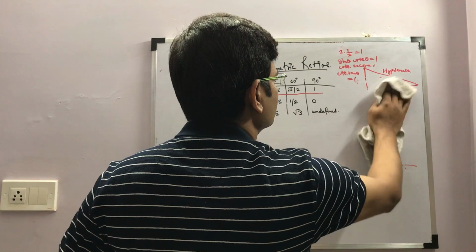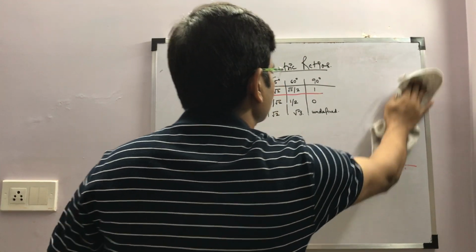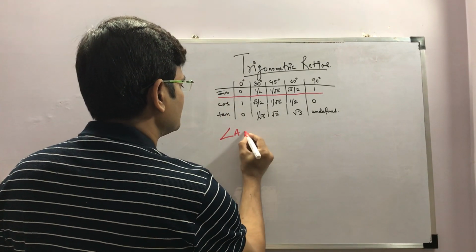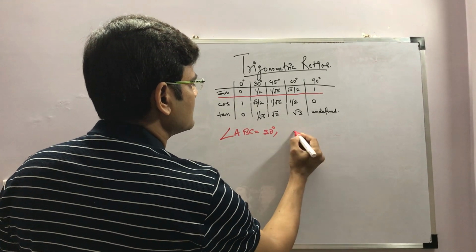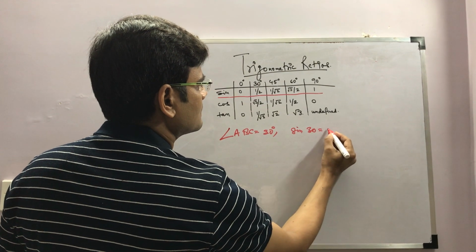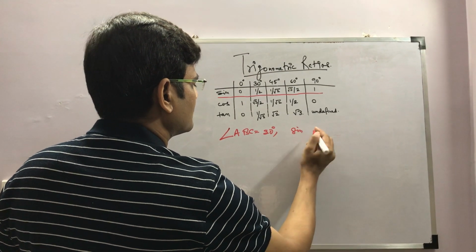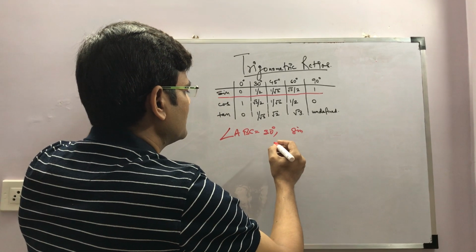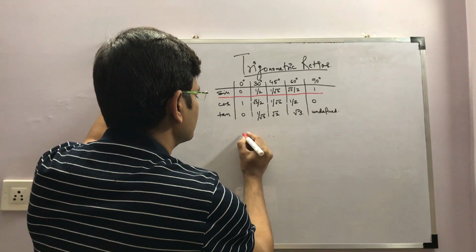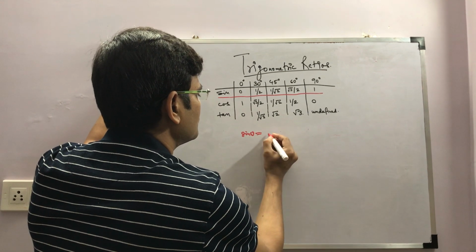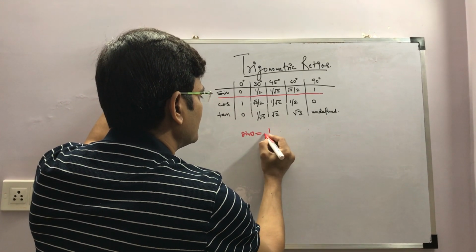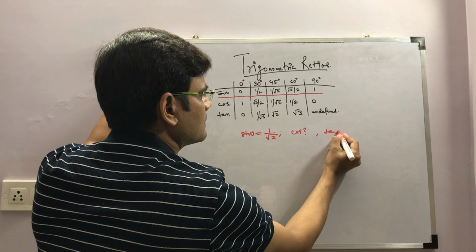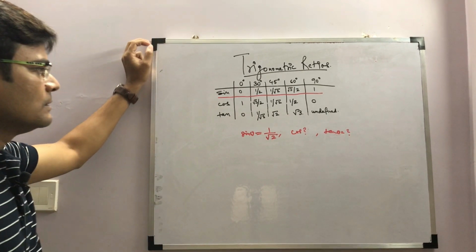On trigonometric ratios, they will give you a right angle triangle, say angle ABC is equal to 30 degrees. Actually, they won't give you the angle, they will simply give you, say, sin theta equal to 1 by root 2, what is cos theta and what is tan theta, and so on.